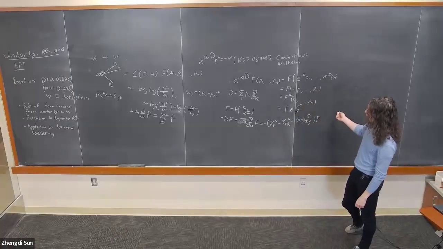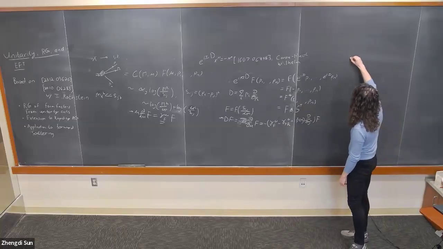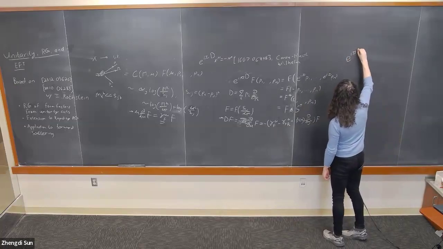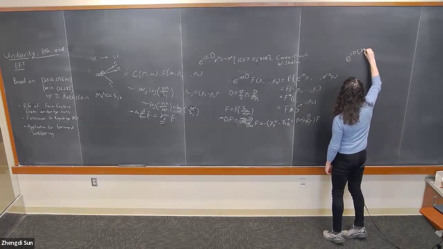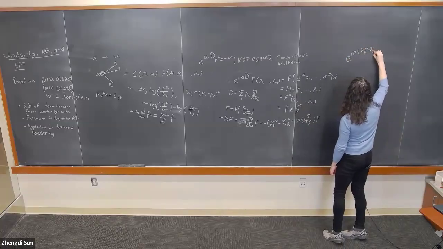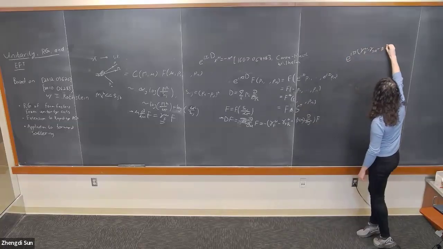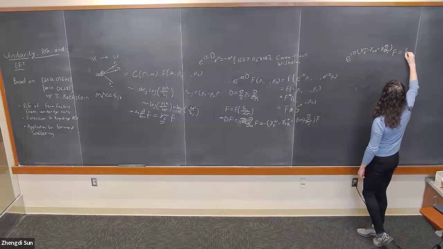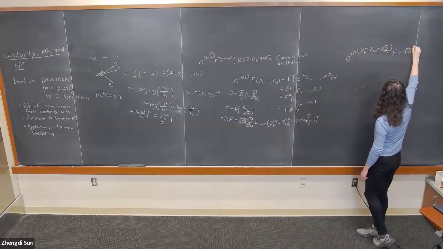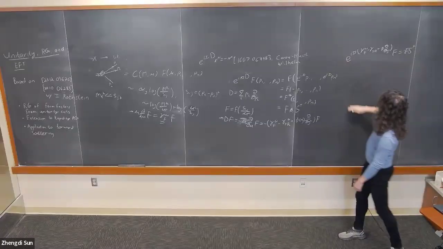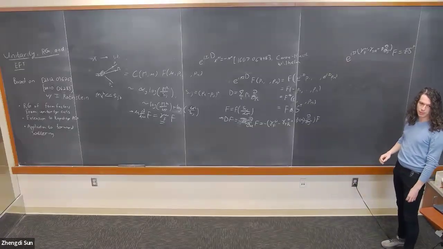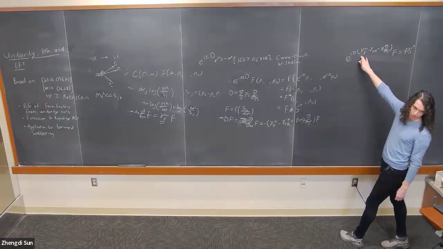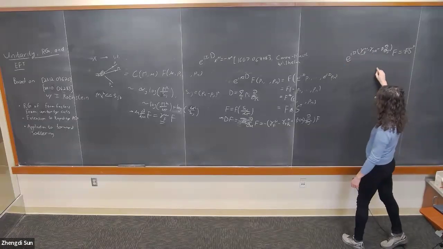So when we put it all back together, we find the following relation. Essentially what this tells us is that order by order in perturbation theory we can extract the anomalous dimensions for our form factor just by computing unitarity cuts.